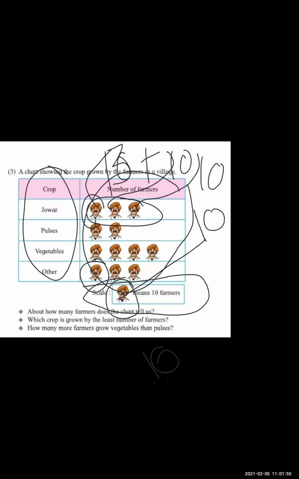One farmer will be 10 farmers. So total how many farmers are there? About how many farmers does the chart tell us from the given chart? Tell me. Very good. 120.